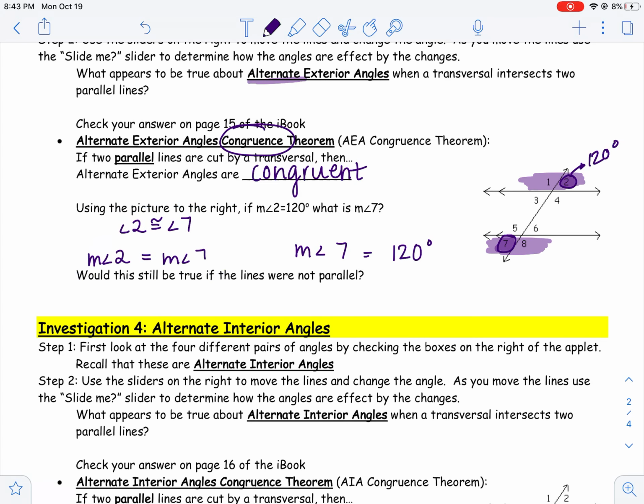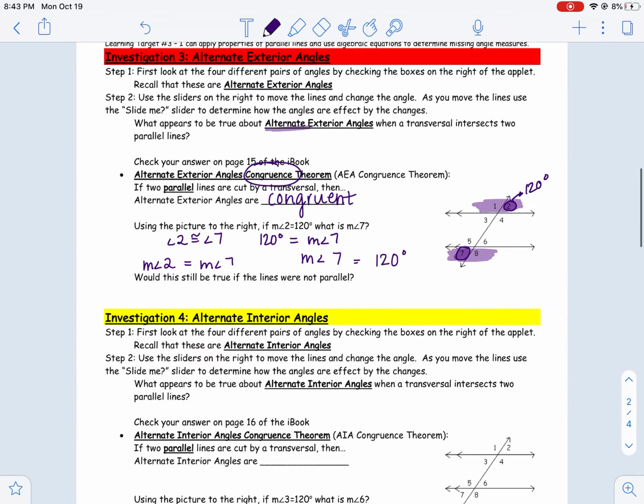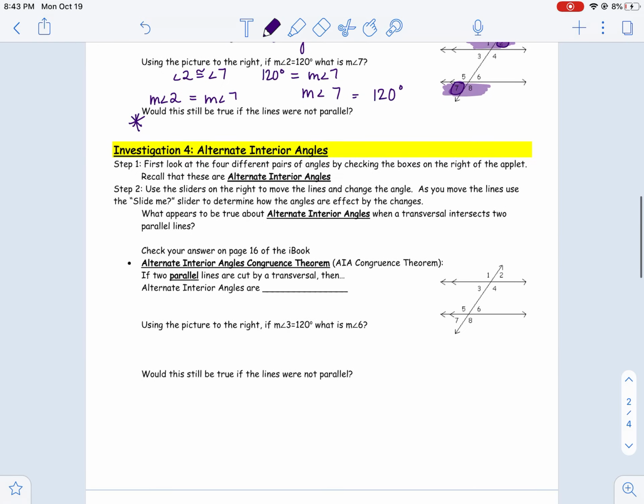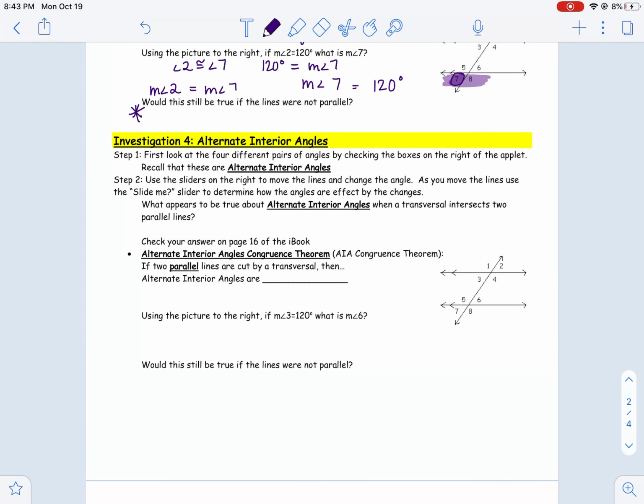All right, therefore, knowing that the measure of angle 2 is equal to 120, I know that the measure of angle 7 is also 120 degrees. Okay, would this still be true if the lines are not parallel? I'll let you answer that one based off what you've come to learn and that theorem that we just talked about. All right, go ahead and switch back to the iBook.